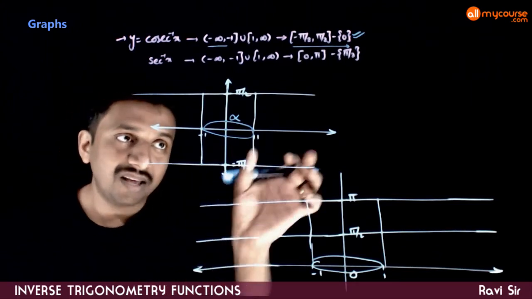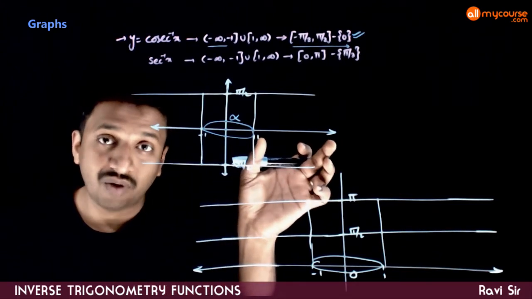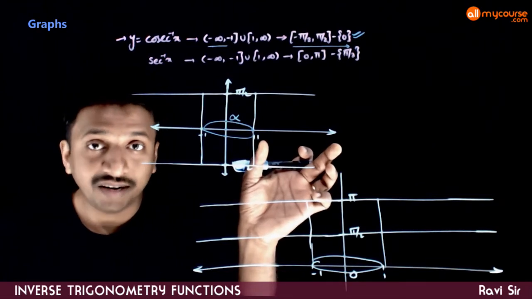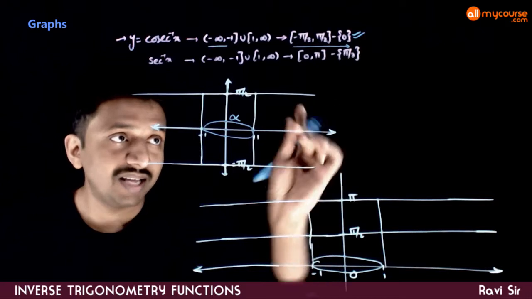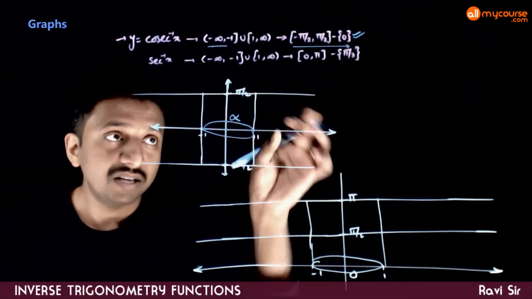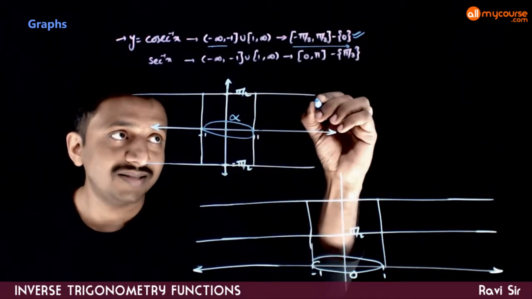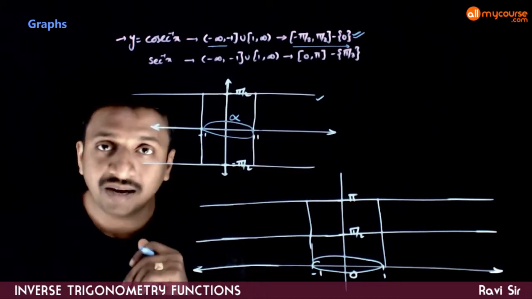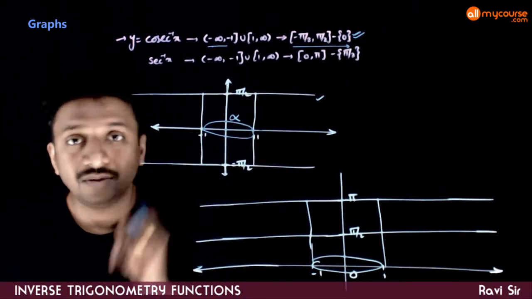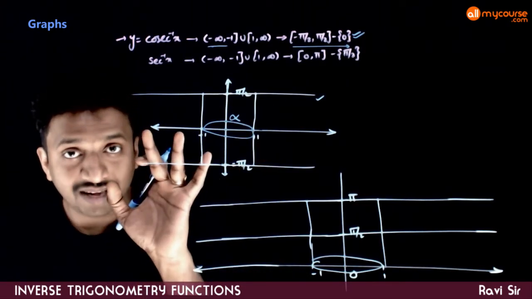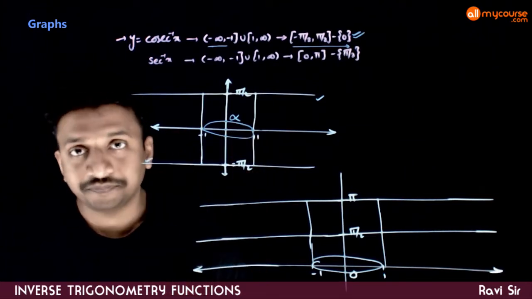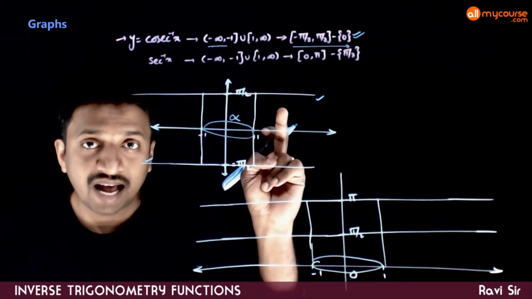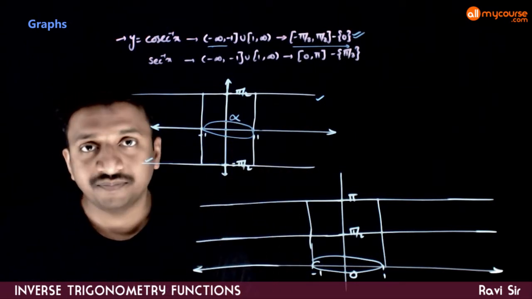Now, if the values of x are positive, then the values of the angles are in the first quadrant, that is, corresponding to these values of x, you have y in the first quadrant, that is, you have graph in this part. Corresponding to negative values of x, the angles that you get will be negative, that is this part. So you have graph in this part and this part.